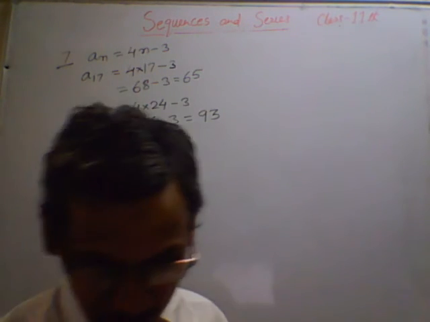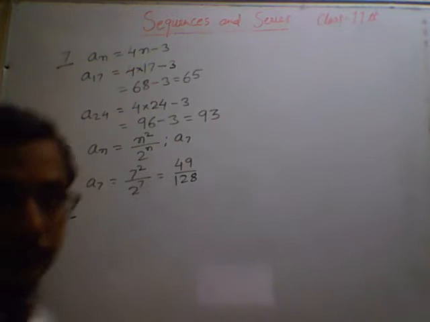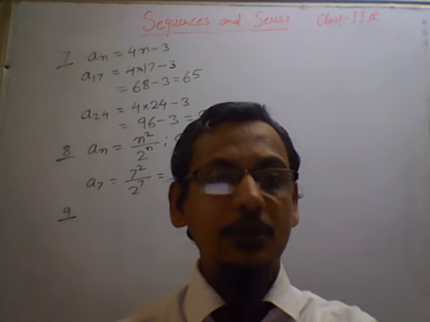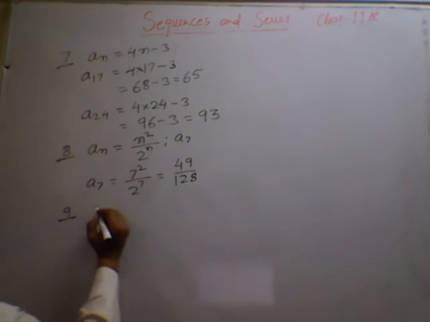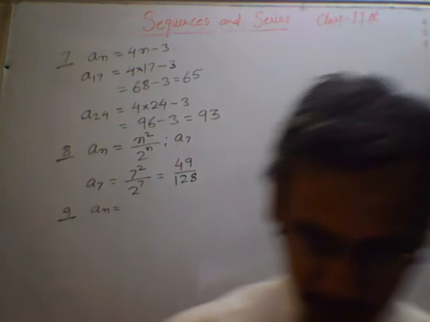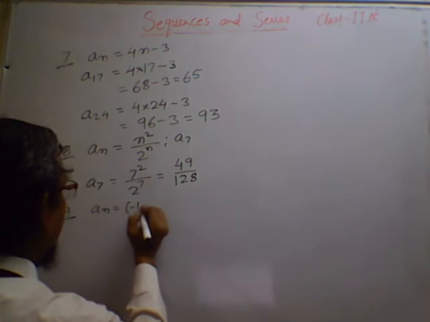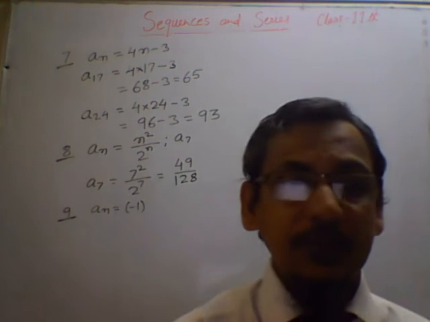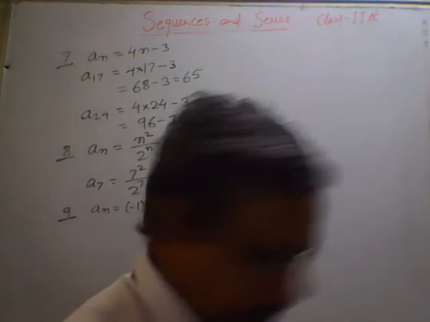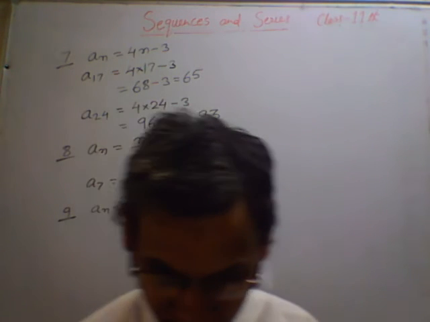Now we will move on. Question number 9. An equals minus 1 raised to the power n minus 1 into n cube.